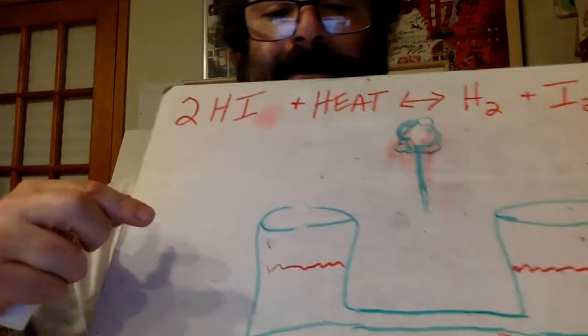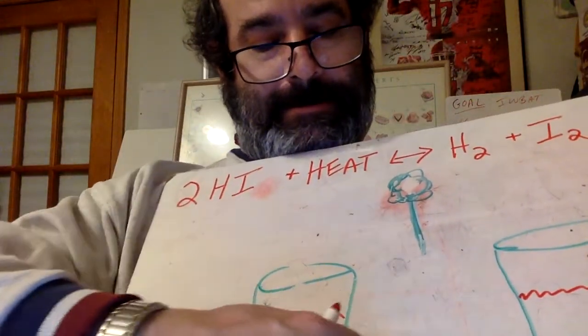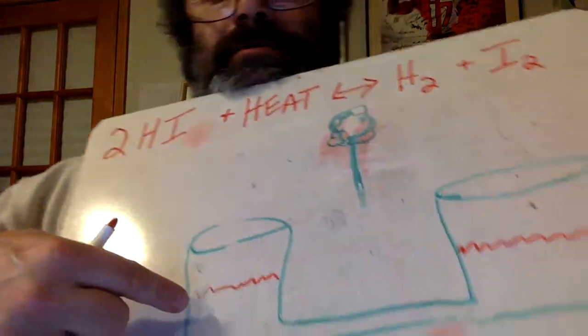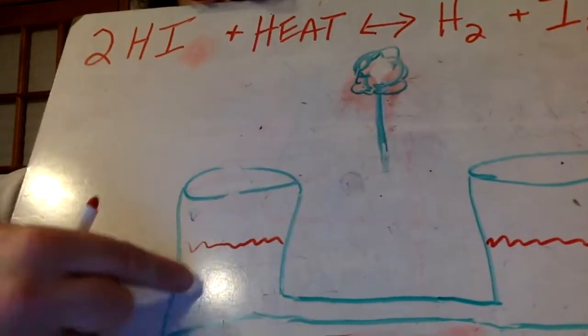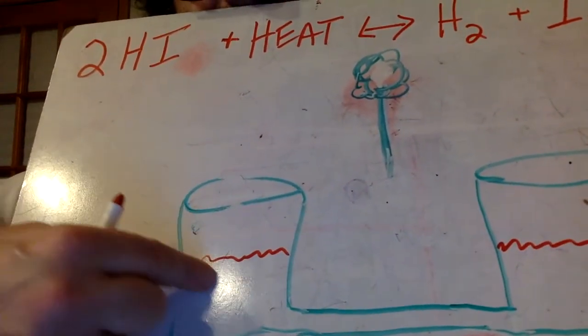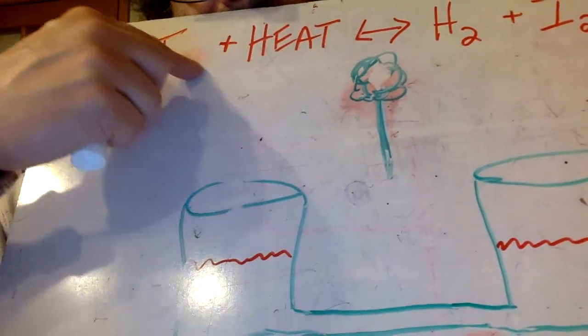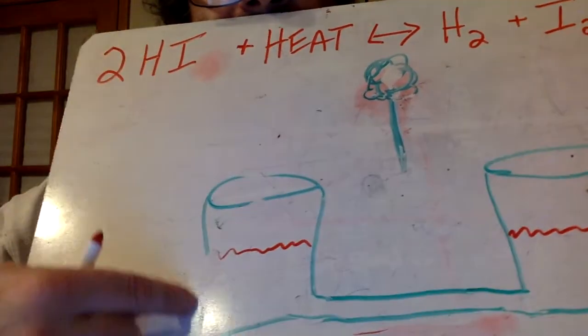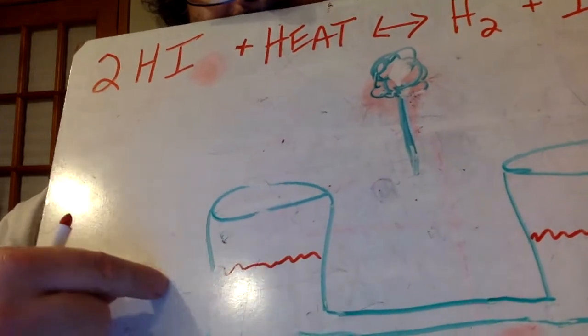And if I did the opposite, I'll erase that for now. I did the opposite and I'm trying to move it around so you can see it, and I took away some of the liquid on this side, took away the heat or took away the HI. I'm taking away something on this side.